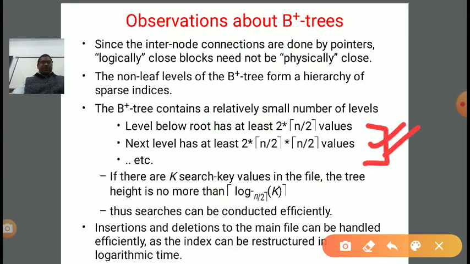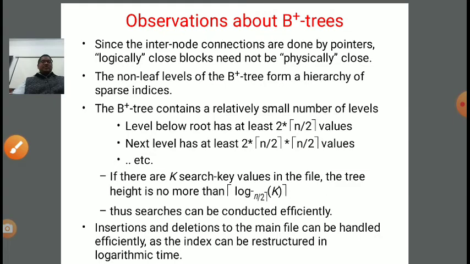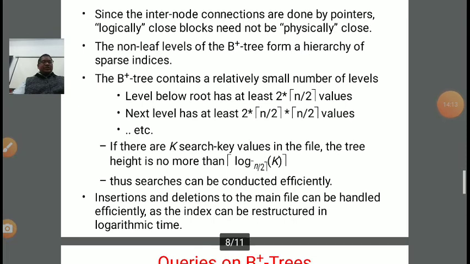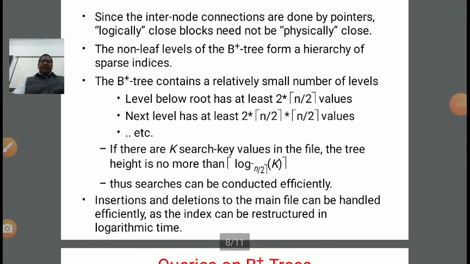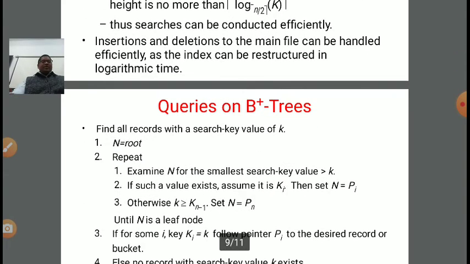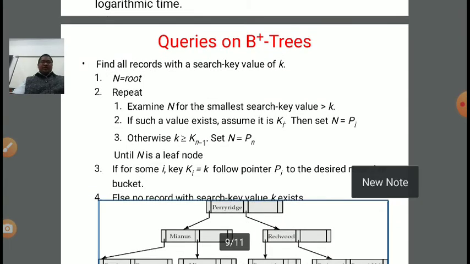If there are k search key values in the file, the tree height is no more than log base upper bound of n by 2 of k, where k is the number of search key values in the file. Thus searches can be conducted efficiently. Insertion and deletion to the main file can also be handled efficiently, as the index can be restructured in logarithmic time.